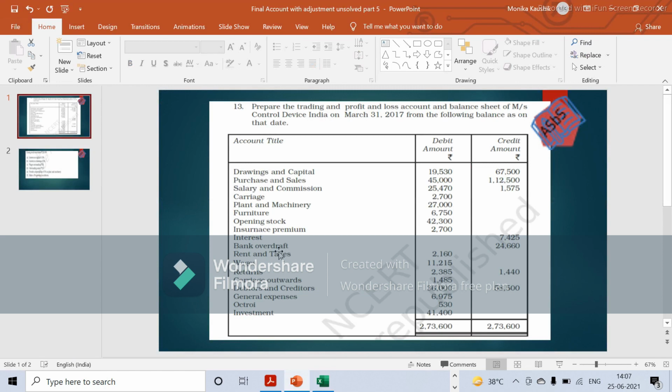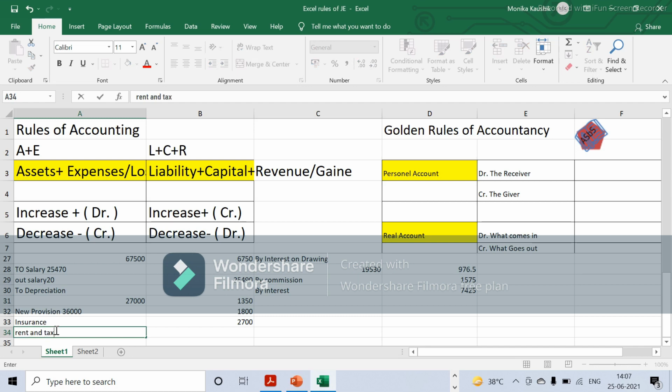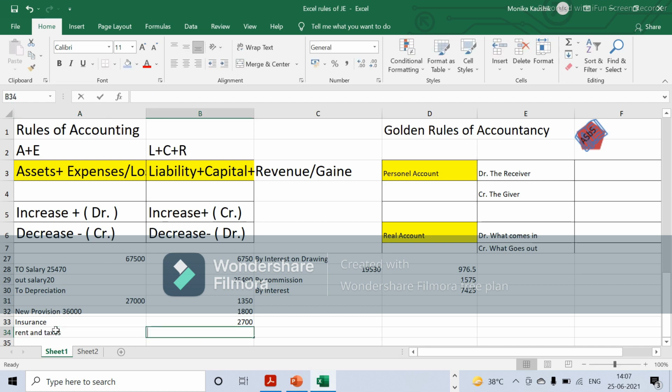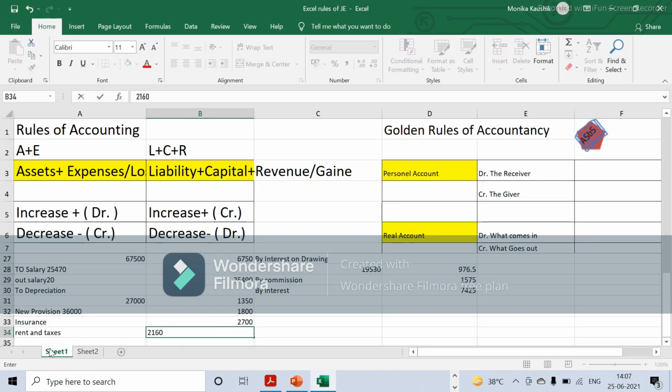Bank overdraft, balance sheet item. Rent and taxes, expenses, 2160. Okay, wages already done, returns done. Carriage outward, that's an indirect expense, 1485.